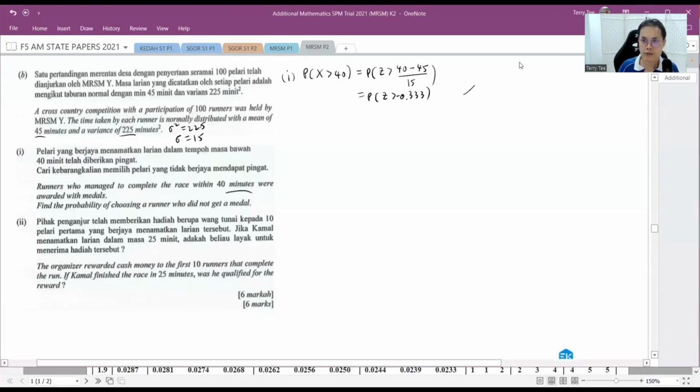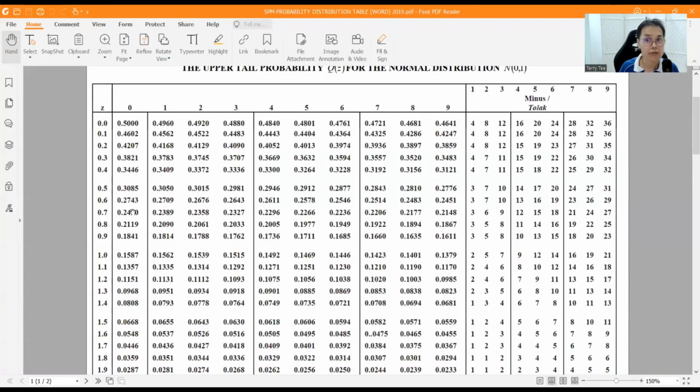So we are finding the probability of Z more than negative 0.333 here. Now, why do I use 3 decimal points? It's because your mathematical table can read up to 3 decimal points. So here, 0.3 is over here. I read, second 3 is over here. So the third 3, you have to subtract. That means you have to subtract 11 from the last 2 digits here.